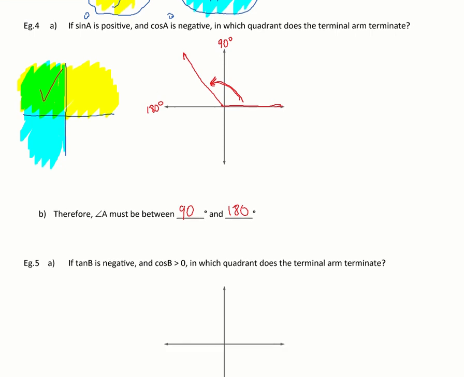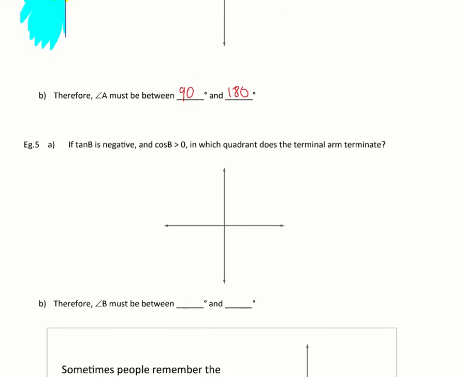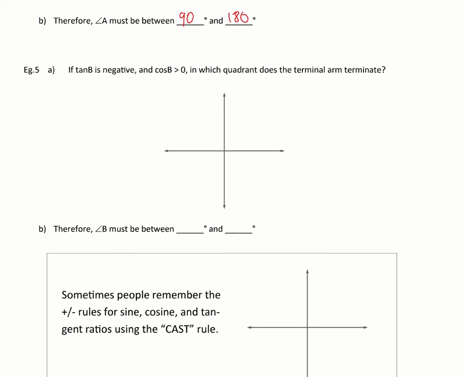Let's try another one. You can stop the video and try this one. If tan B is negative, let's try and remember that, that's where slope is negative. And if cos B is greater than 0, that means it's positive, which means x must also be positive.